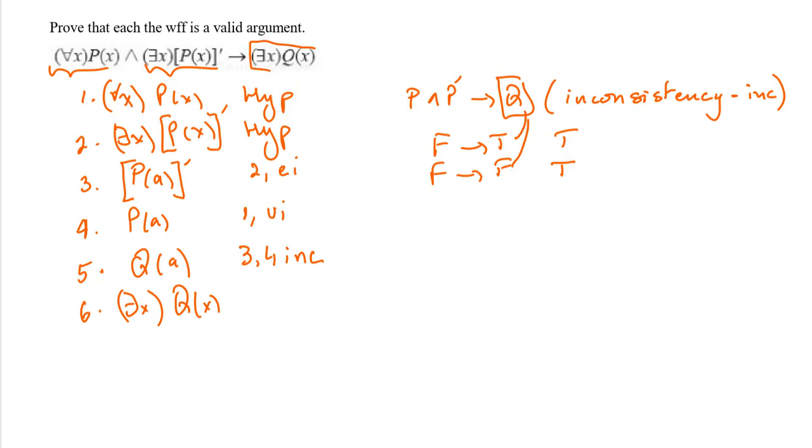This is my goal. There exists x that makes q of x true, and we know from previously that x we call a. So what I did, I took 5 and I did existential generalization, because I add there exists. Okay.